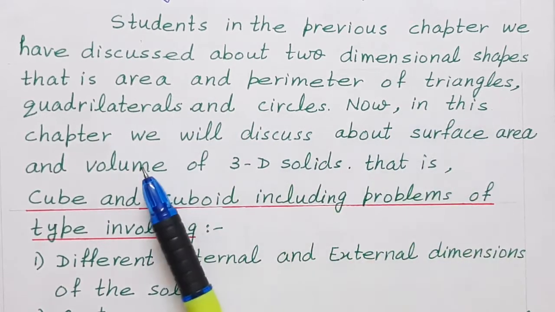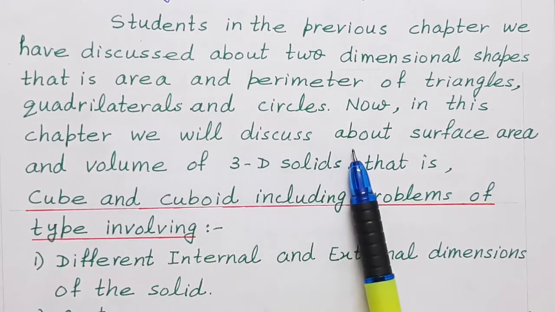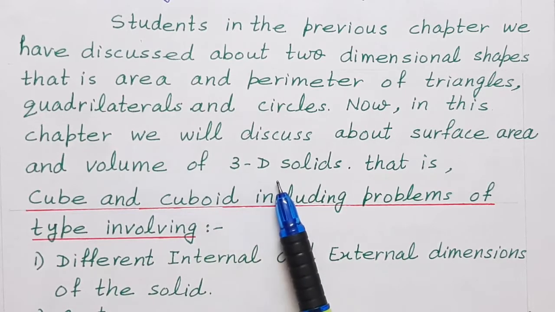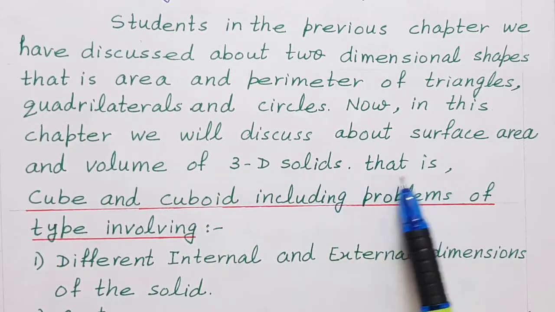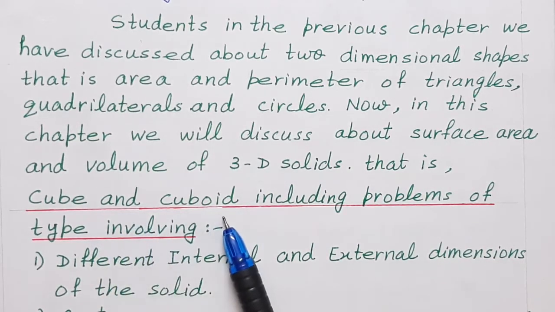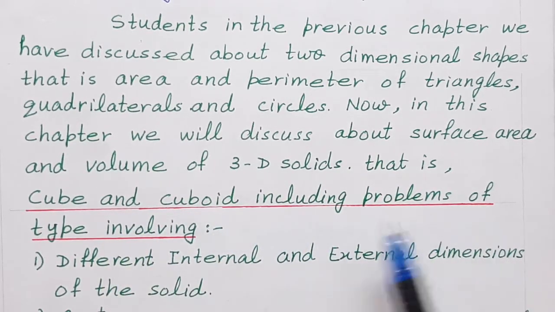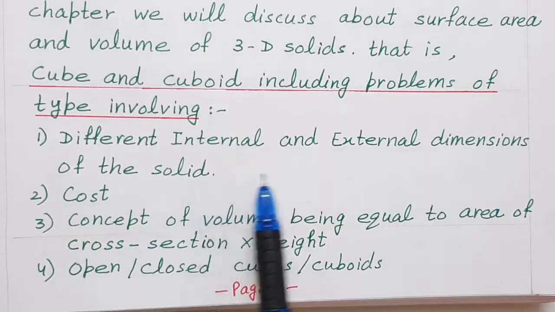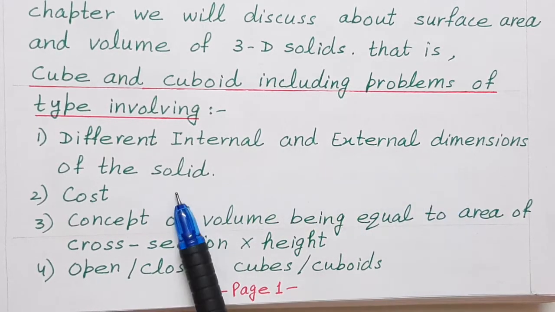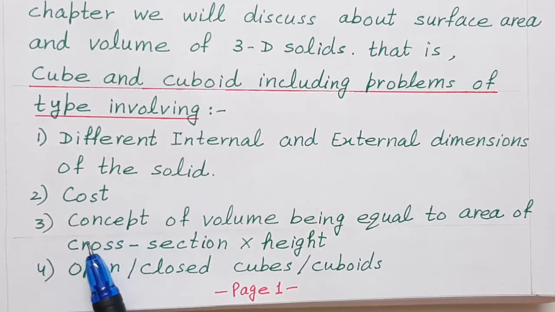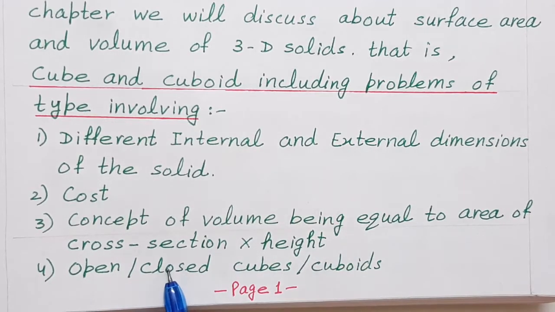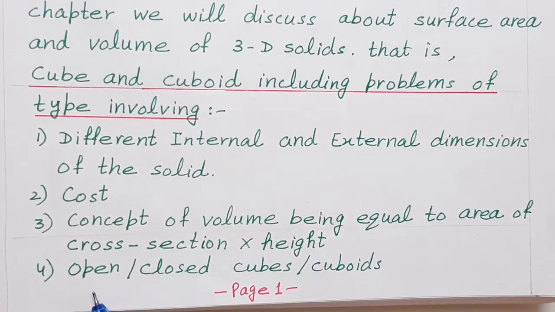Now, in this chapter, we will discuss surface area and volume of three-dimensional solids, that is, cube and cuboid, involving problems of different internal and external dimensions of solid, cost, the concept of volume being equal to area of cross section into height, and open and closed cubes and cuboids.